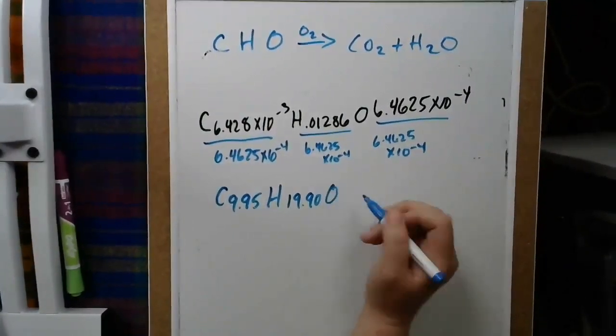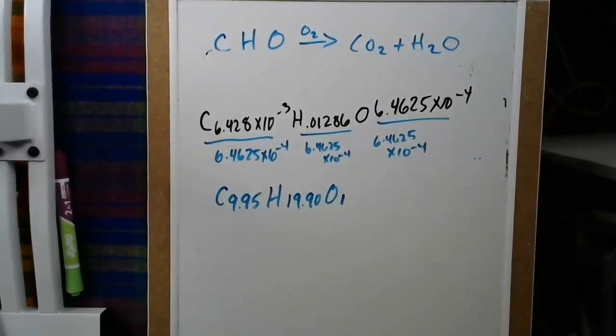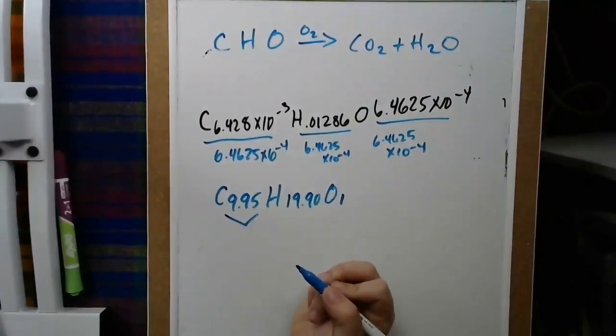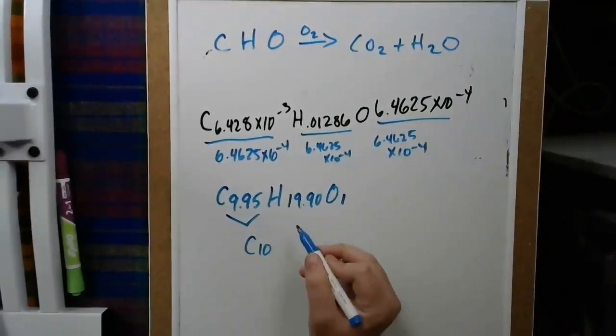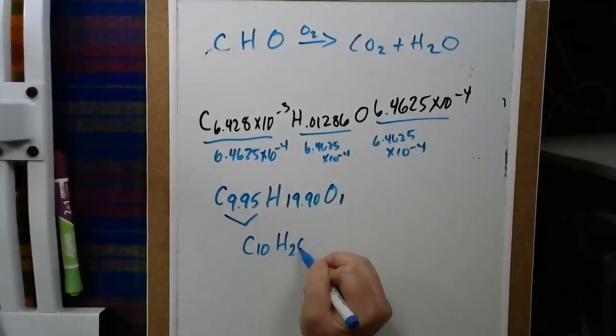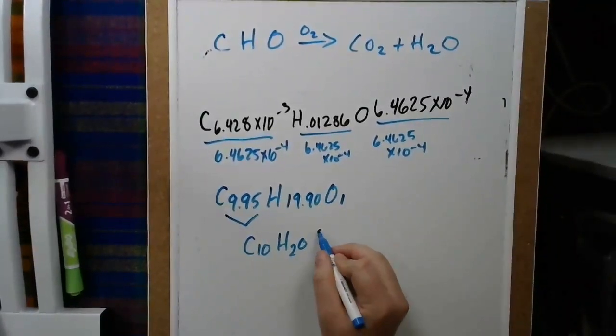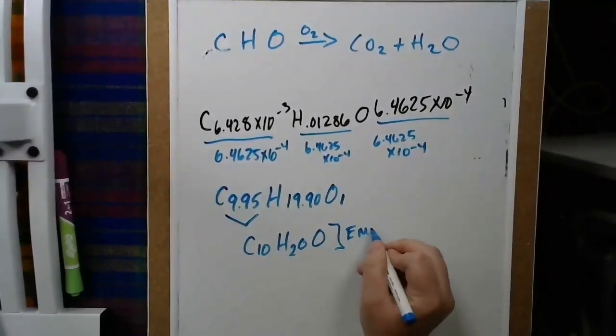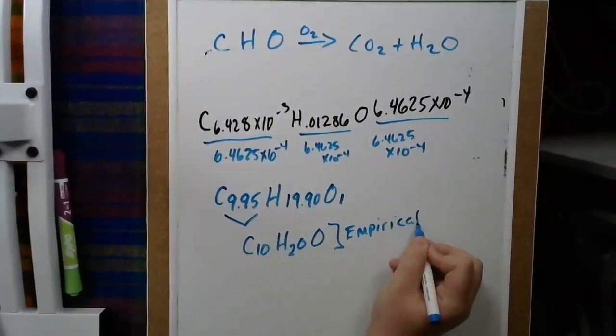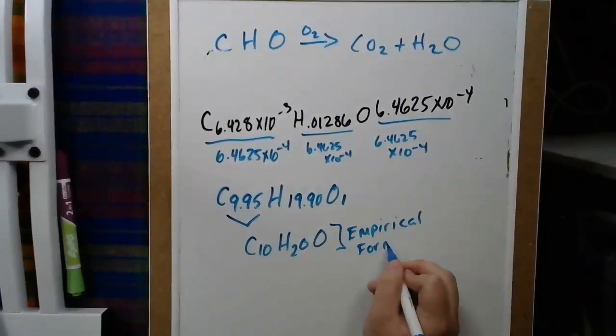And oxygen 1. Okay, so this value is within 0.1 of a whole number, so we can call it C10. Same thing with the hydrogen, that's H20, and then we have O. So this is our empirical formula. Okay, we cannot reduce this down any further.